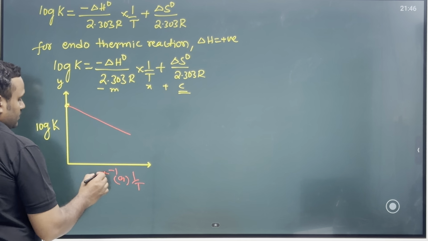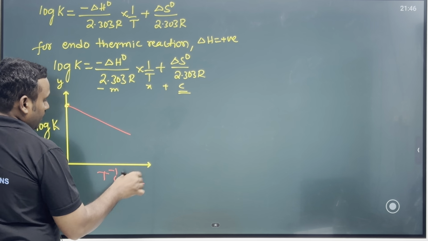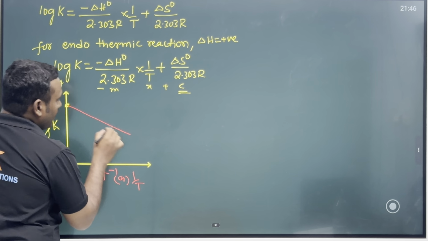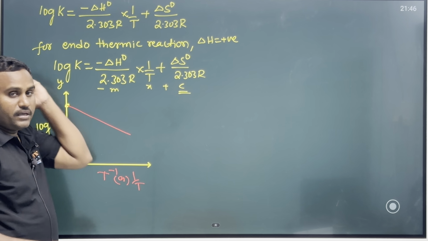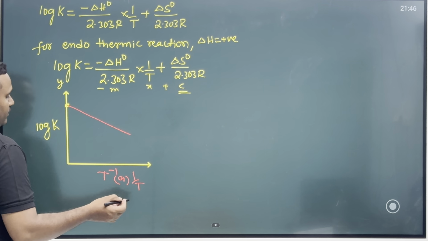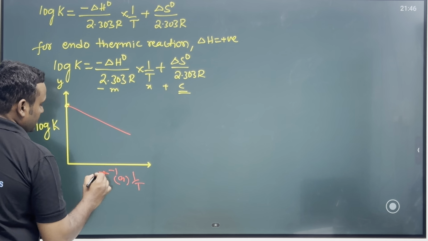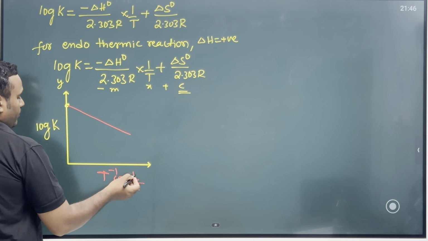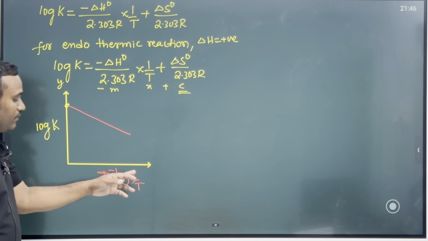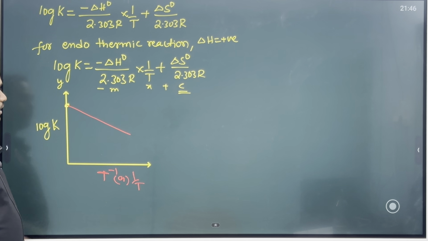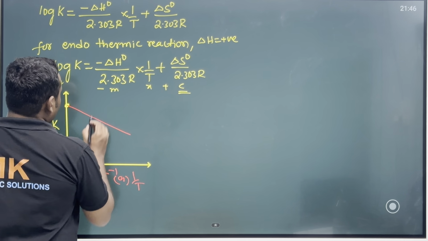As 1 by T increases, the log K value decreases. Just assume like this: as 1 by T value increases, log K decreases. And here, what is the slope?